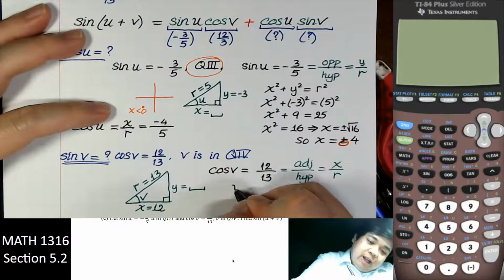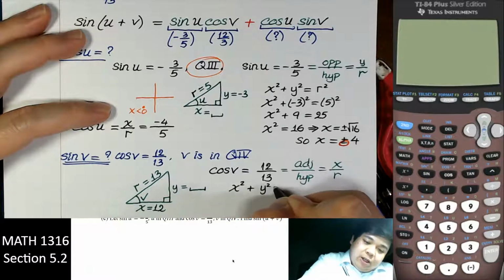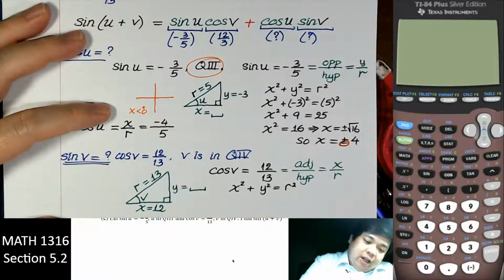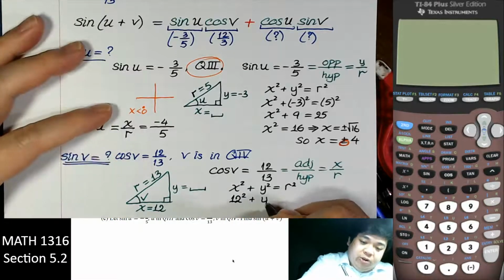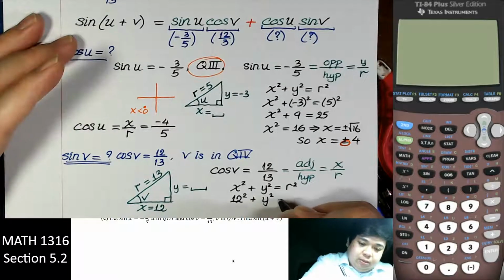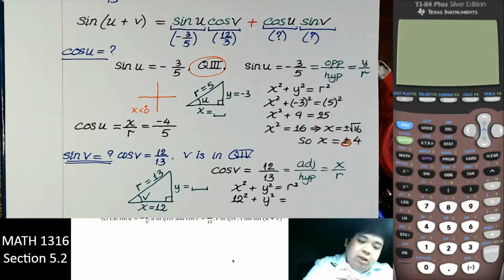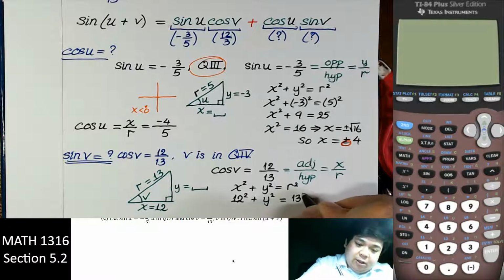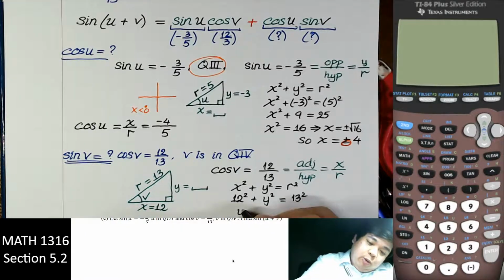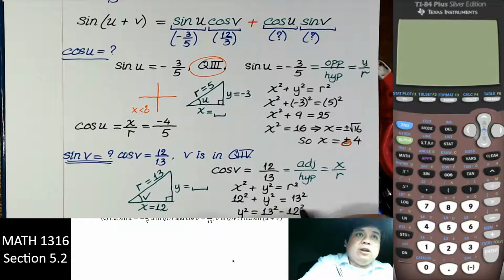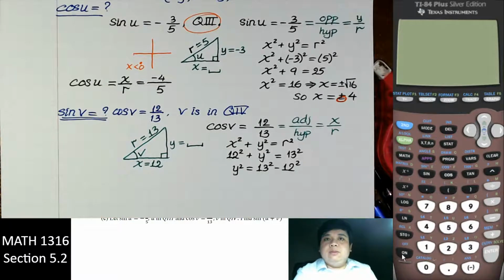So we have x squared plus y squared equal to r squared. X squared is 12 squared, and y squared we don't know, and r squared is 13 squared. Right. And then we solve for y squared, which is 13 squared minus 12 squared. Should be 25.